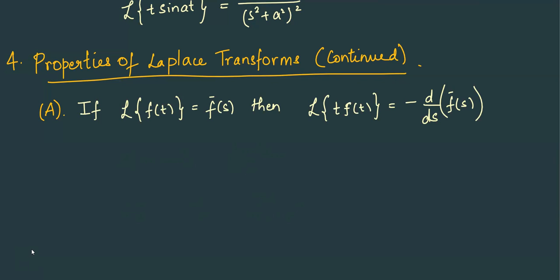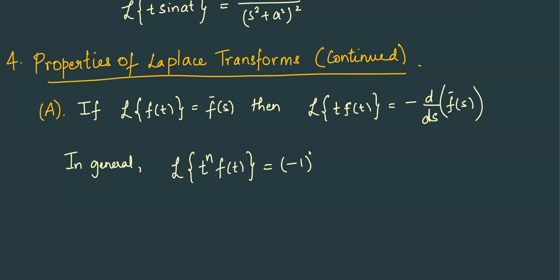Now, in general, the Laplace transform of t power n f of t will be minus 1 to the power n times the nth derivative with respect to s of the Laplace transform of f of t.